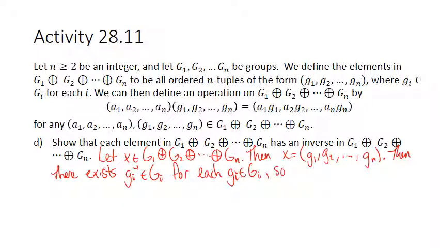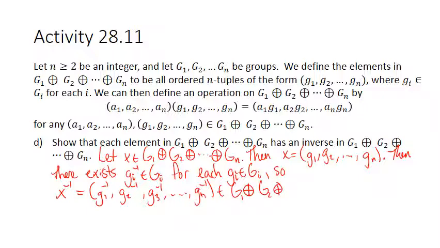So the following x inverse equal to g1 inverse, g2 inverse, g3 inverse, so on and so forth up through gn inverse, will also be in the external direct product. And so I've just defined this element, but I haven't actually shown that it is the inverse of x yet. So I need to do that.